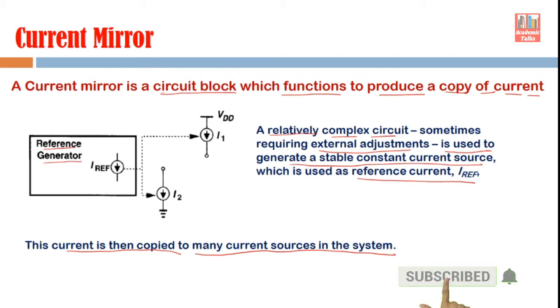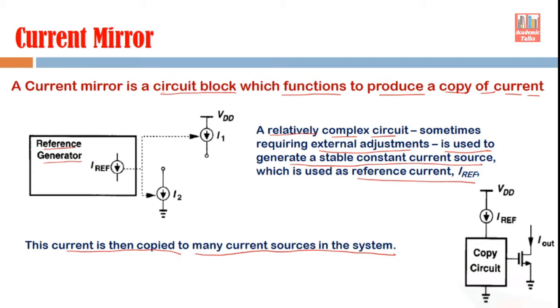So the reference current is copied, and for copying this reference current we have a copy circuit. You can see here this reference current, a current source, and it's a complex current source, and then this current is copied with the help of a copy circuit.